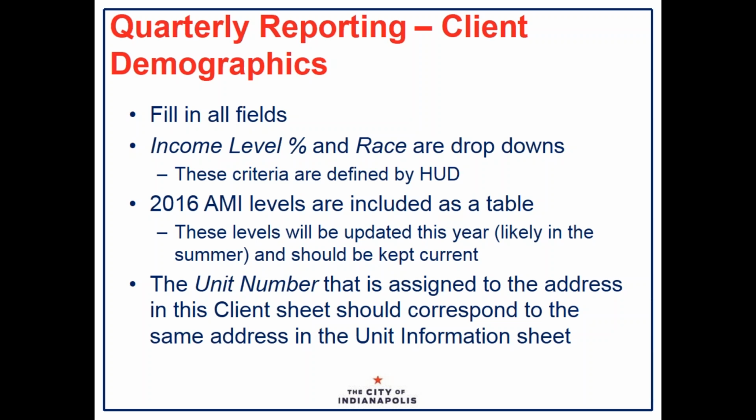That should happen this summer, so we're still using the 2016 AMI. And that should be kept current. The unit number that is assigned to the address in this client sheet should correspond to the same address in the unit information sheet.